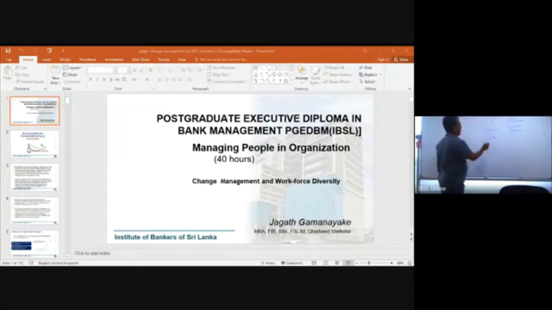There are other factors that may contribute to resistance to change. That is what we call social factors. What are social factors? Why are people resistant to change?